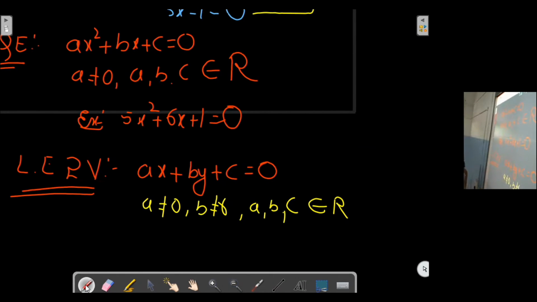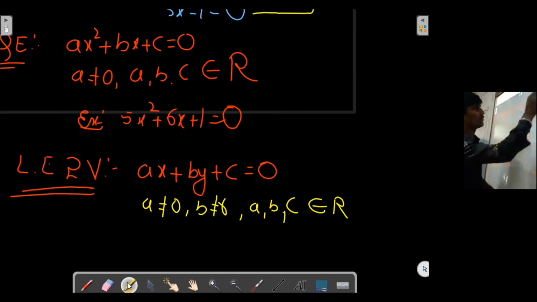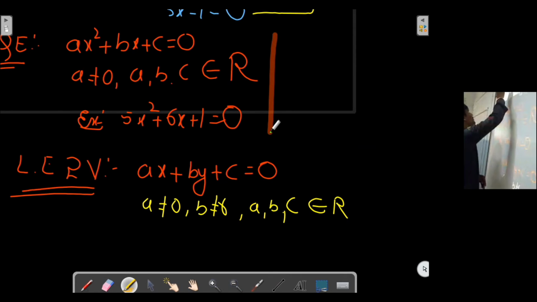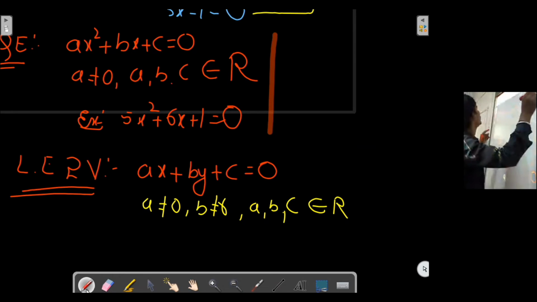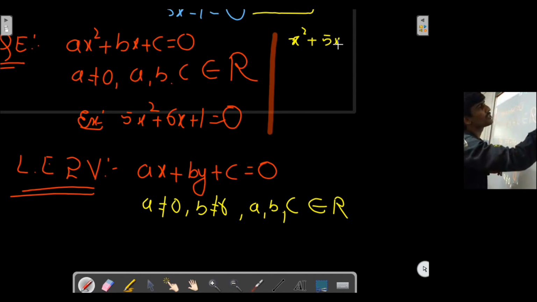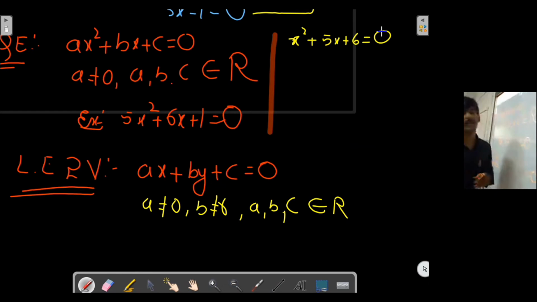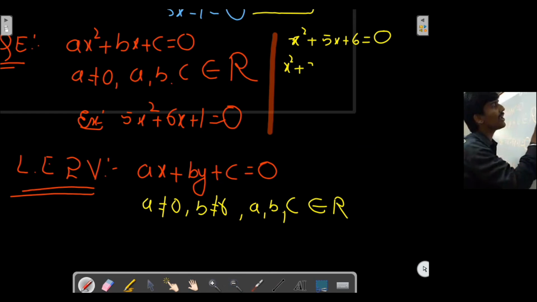So now we come to quadratic equation in one variable. I will take one very simple example: x² + 5x + 6 = 0. Is this a quadratic equation? And you know the factorization method from last year. In the polynomial lesson you already discussed this. So x² by the splitting method: x² + 3x + 2x + 6 = 0.